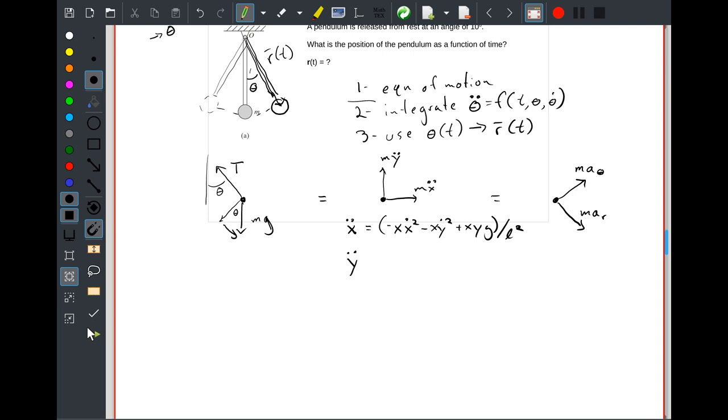And then y double dot is equal to negative y x dot squared minus y dot squared minus x squared g all over L squared. These are 2 coupled differential equations and they're pretty cumbersome to solve. So instead, I'll use this cylindrical form.